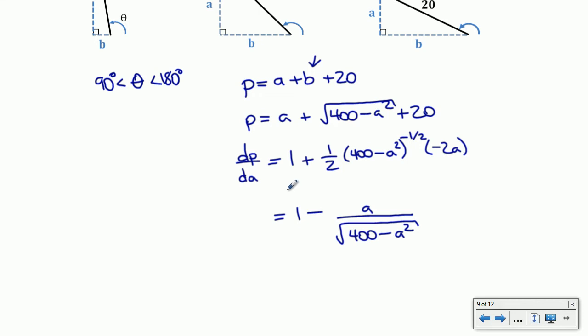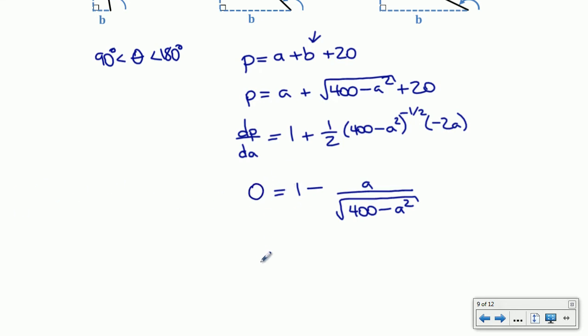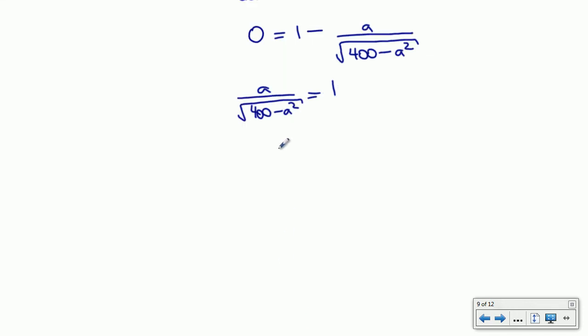Now if we want to determine the maximum, we need to set this to 0 and solve for a. So we can bring this to the left side: a over the square root of 400 minus a squared equals 1. Then we can square both sides, giving a squared over 400 minus a squared equals 1.